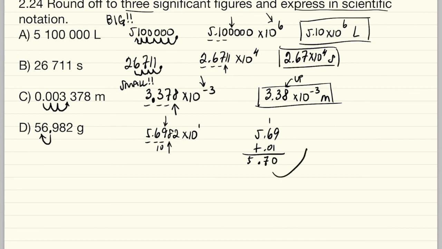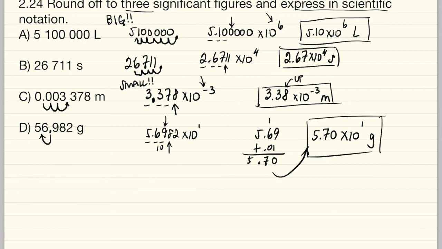So that's what happens when you round it up. You round it up by one value, the 9 changes to a 10 basically, so the next one over has to round up. So that's going to be 5.70 times 10 to the first, which just means 10. And I'll put a G on there for grams, so that's all tidied up and done.